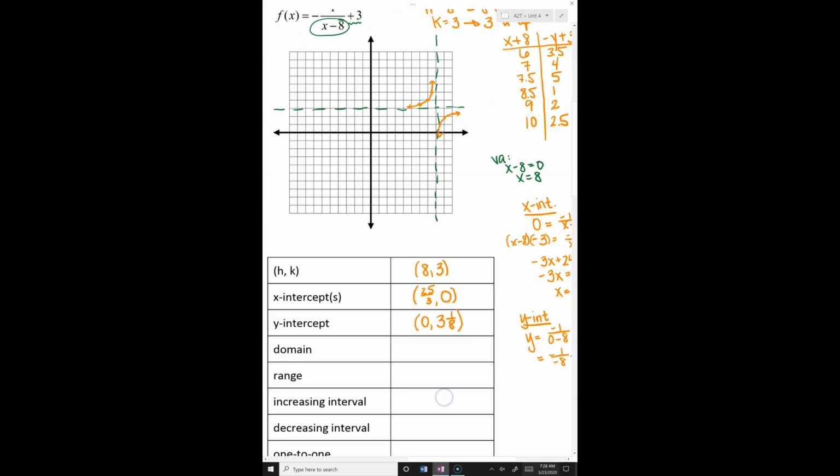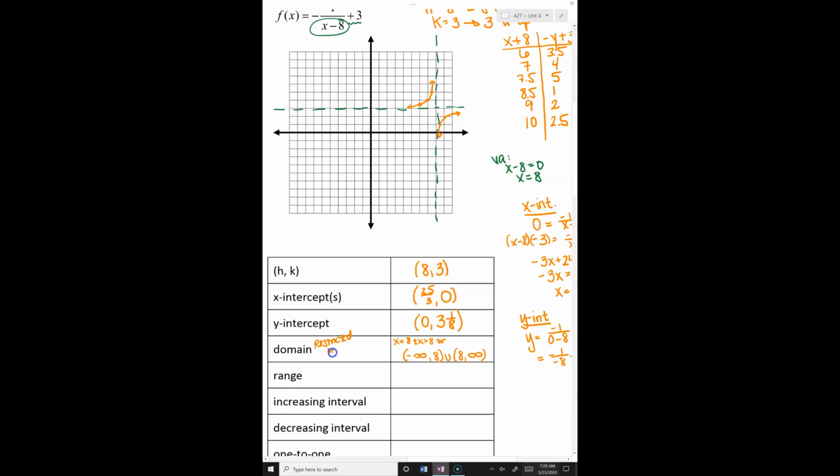All right, domain. So we're going to say x is less than h, which is 8, and greater than 8. Or we'll use interval notation, negative infinity to 8, non-inclusive, union 8 to infinity. The range is restricted by the k value. If you want to write that down, restricted by k.